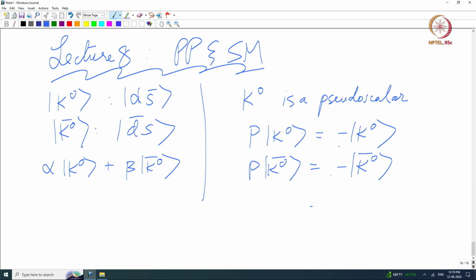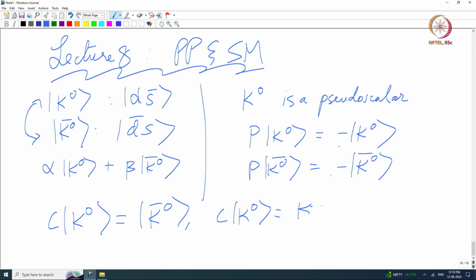Obviously not, right. K0 is not K0 bar, we just saw it right here. It is not its own antiparticle, one is d s-bar, the other is d-bar s. But what I can do is see what happens if I apply C on these states. Obviously I am going to get this, so that is trivial, good.